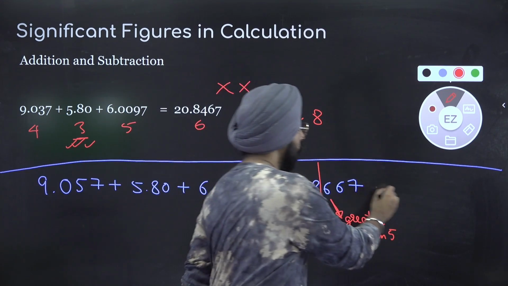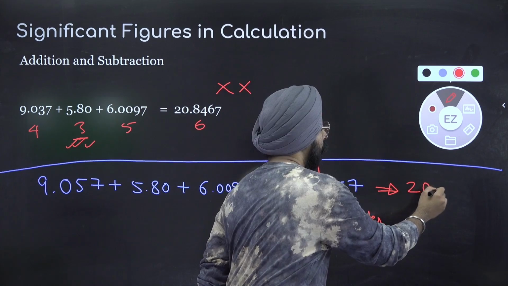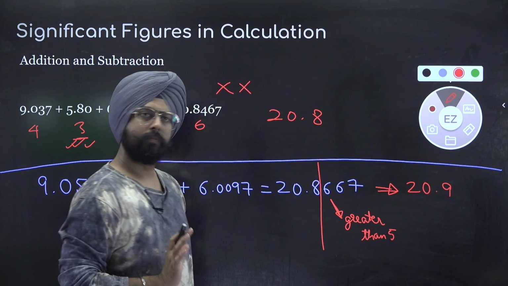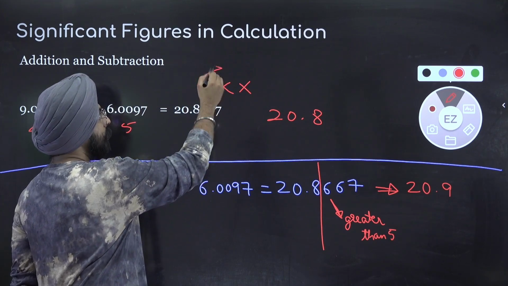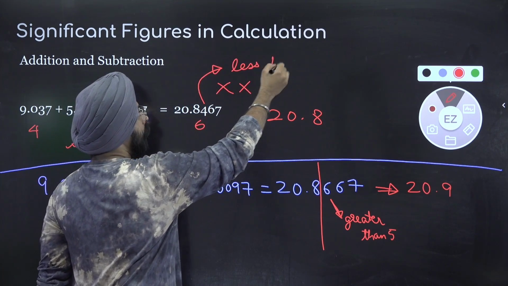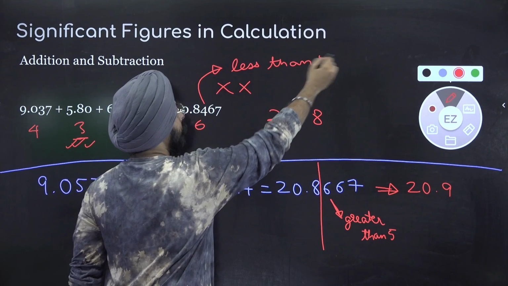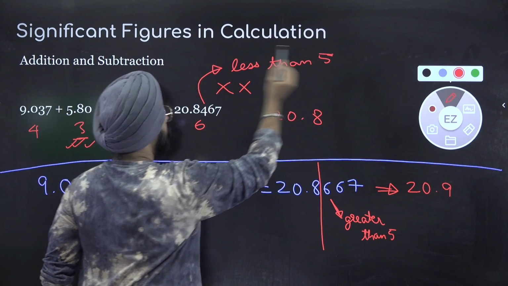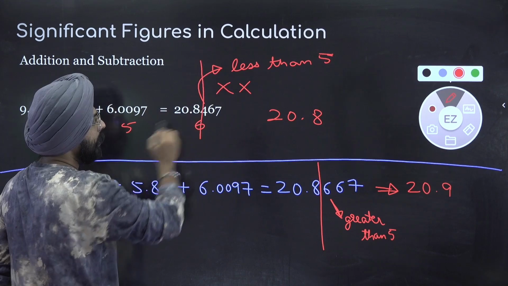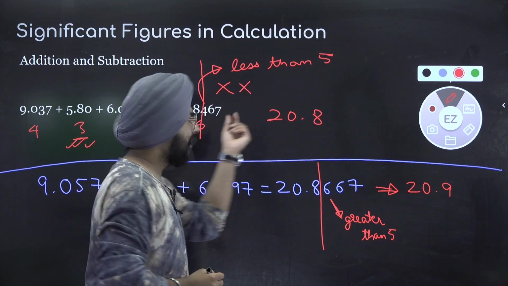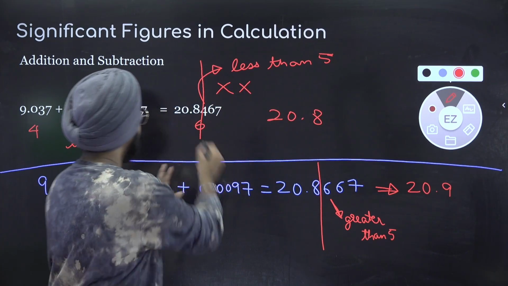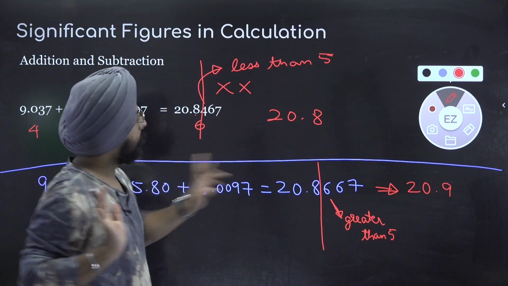To round it off, you will write it as 20.9. Over here, can you see that this number is less than 5? So the number that we are removing, if that is less than 5, then you write this as it is, 20.8.